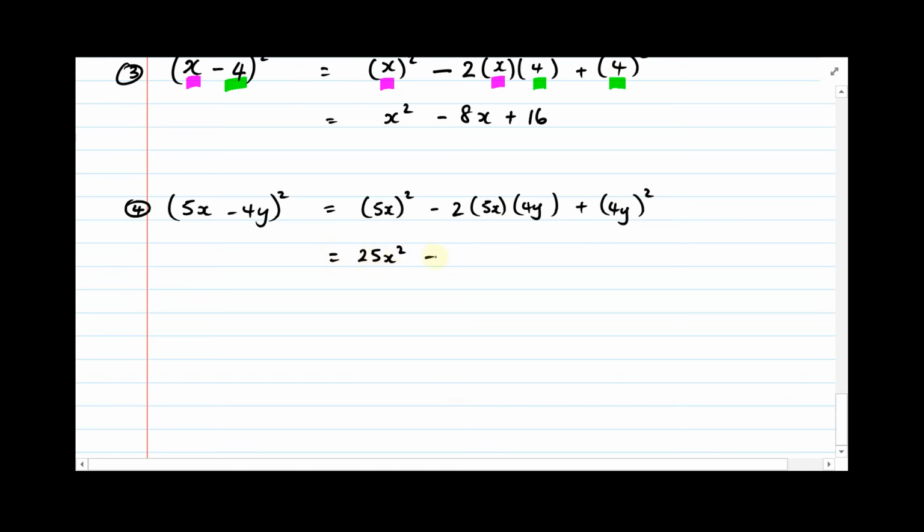25x squared. 2 times 5 is 10. 10 times 4 is 40. X times y. So I'm multiplying the complete thing, the product of all the coefficients, 2 times 5 times 4, and x times y. Next I am using my rules of indices, the power of a power.